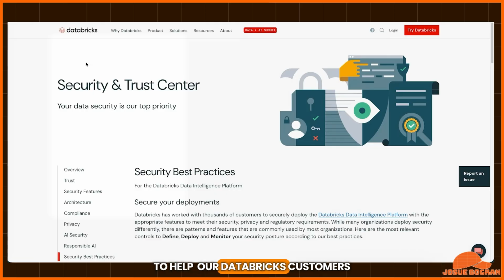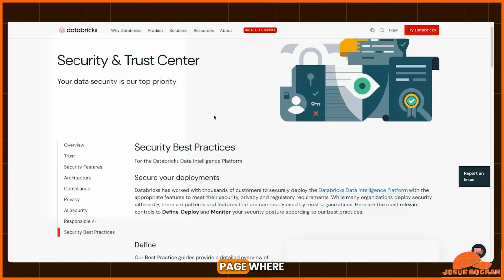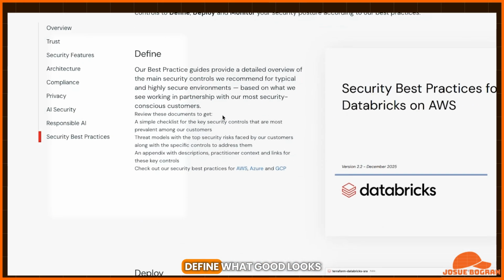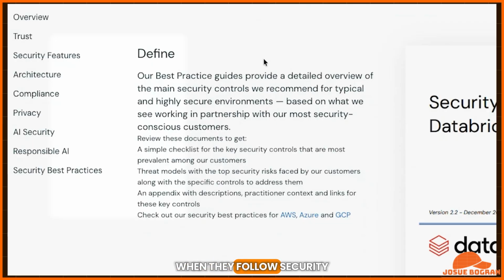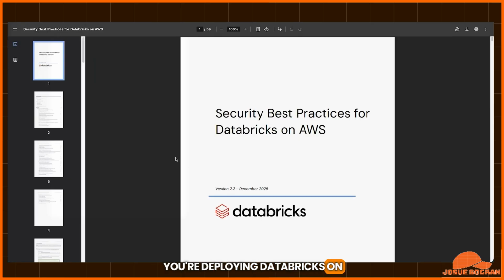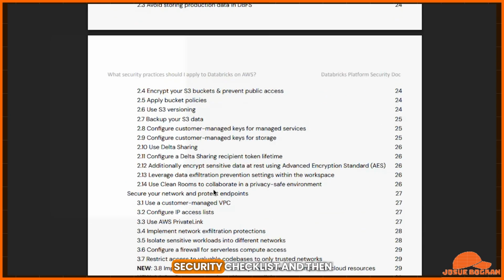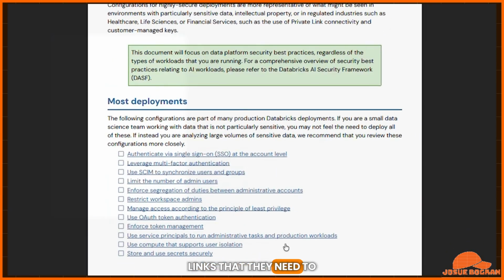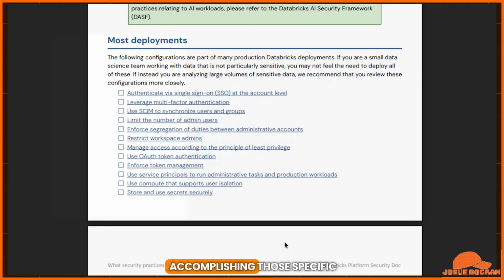To help our Databricks customers practice Databricks securely, we have the security best practices page where we take a structured approach to our security best practices. First, we help our customers define what good looks like when they follow security best practices on all three clouds. We have a white paper where, based on which cloud you are deploying Databricks on, we have extensively listed security checklists and various links for configuring and accomplishing those specific security configurations.